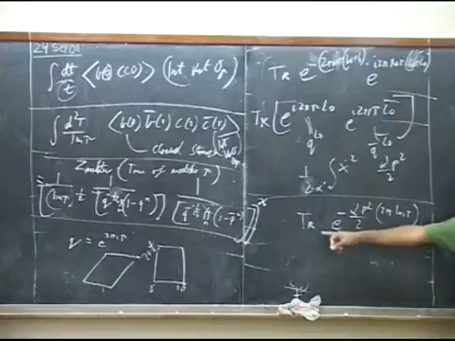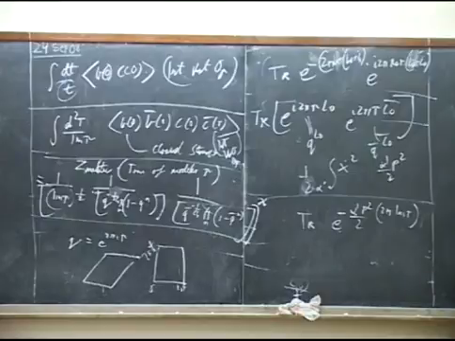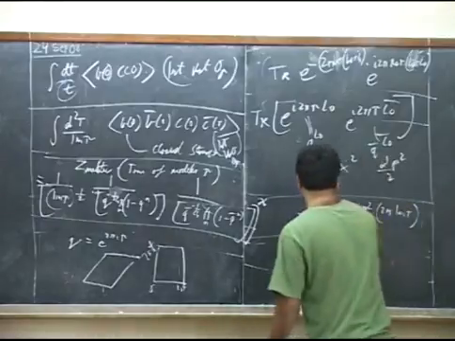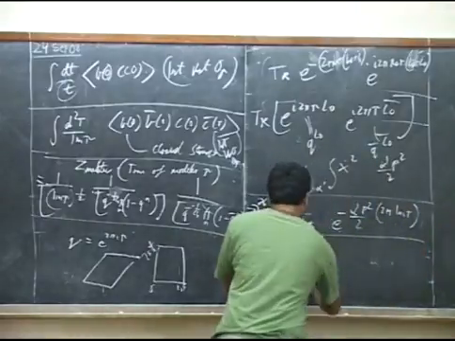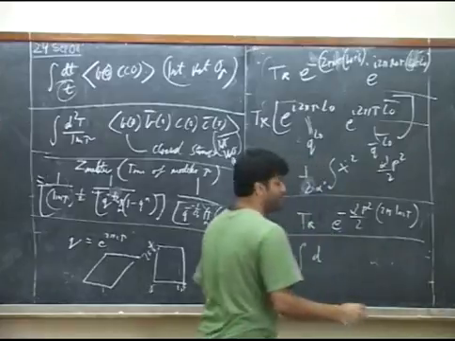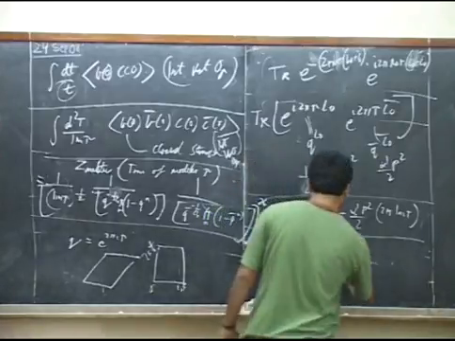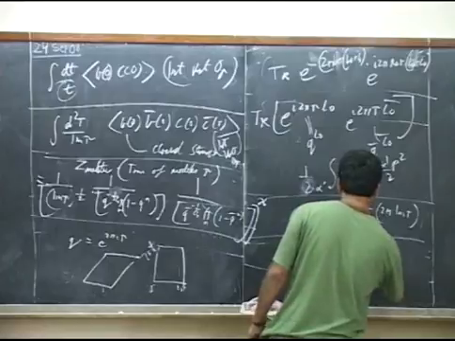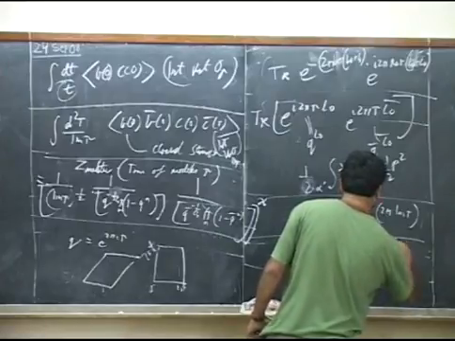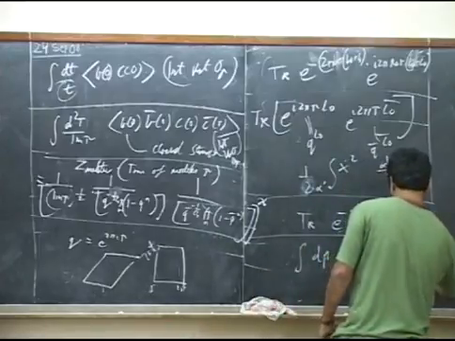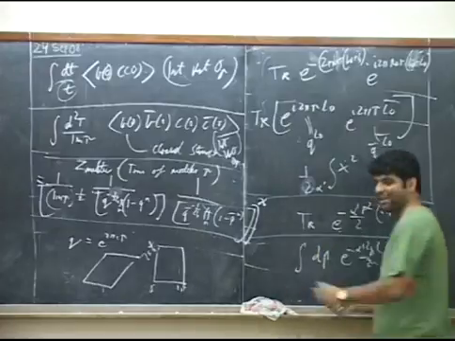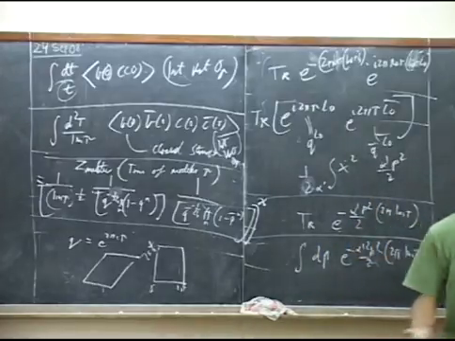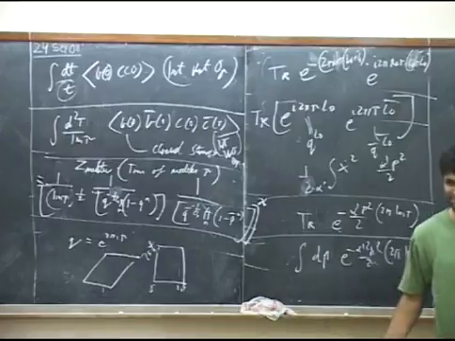Now what is this? Give me an expression for this trace. These are Gaussian integrals. Exactly. So this is the integral dp of e to the power minus alpha prime p squared by 2 pi tau, because this trace we do in momentum basis. We use the fact that we've got completeness.